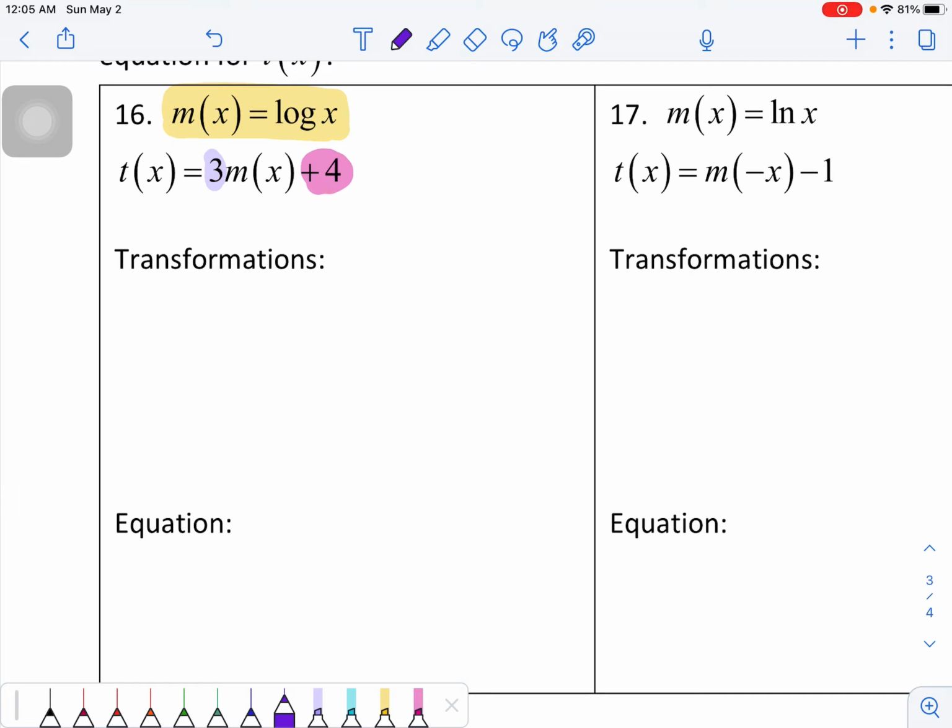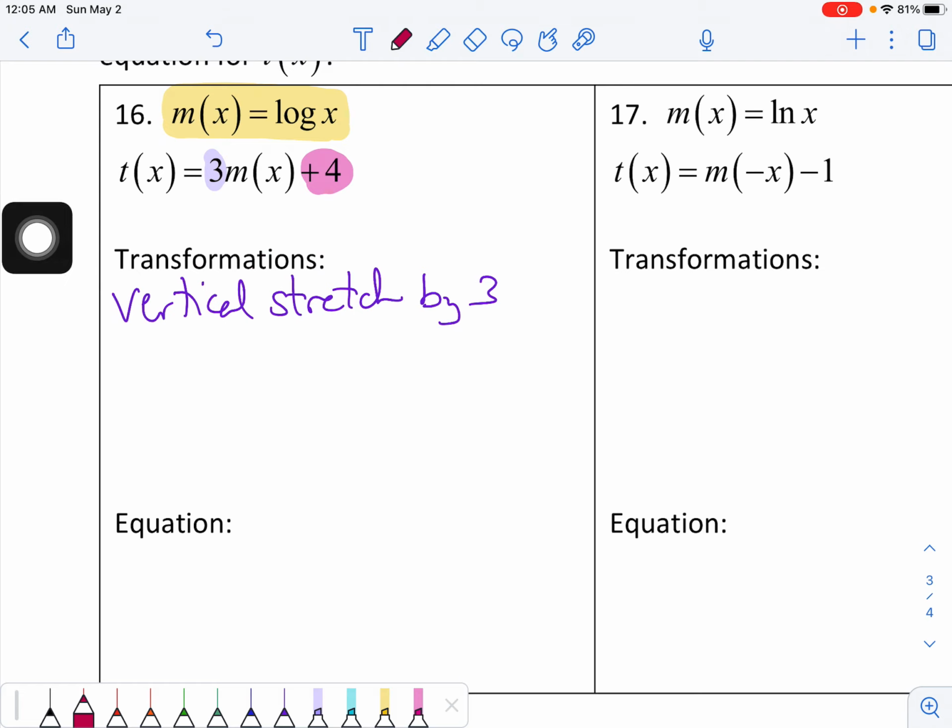So the 3 is going to be a vertical stretch by 3. And then the plus 4 at the end, that's outside of the function, so it's going to be a vertical translation. Let's go up 4 units. Okay, so it's positive 4, it's up 4.